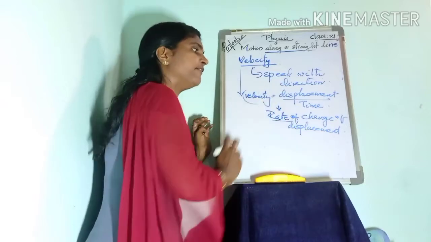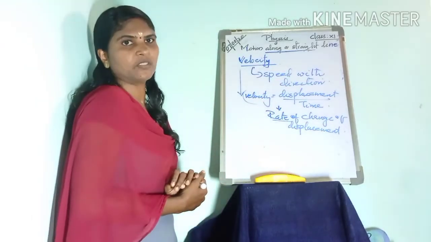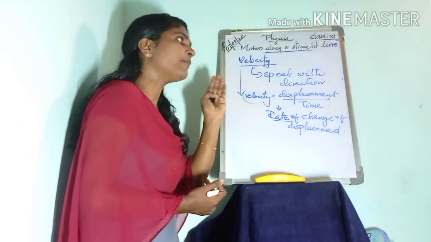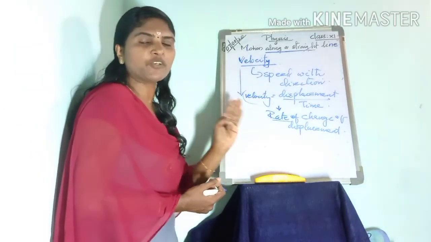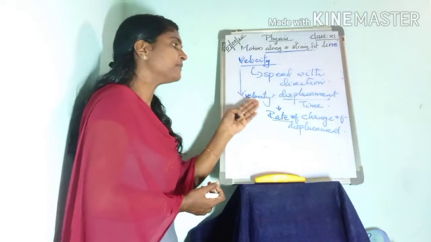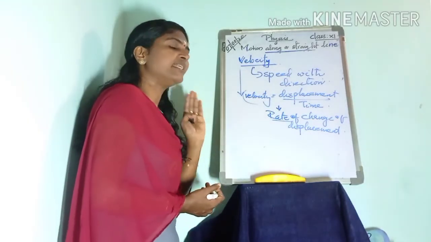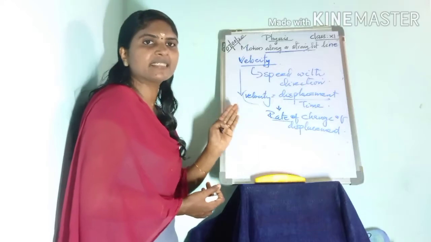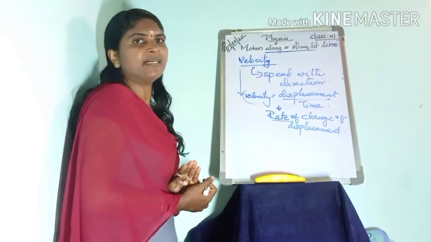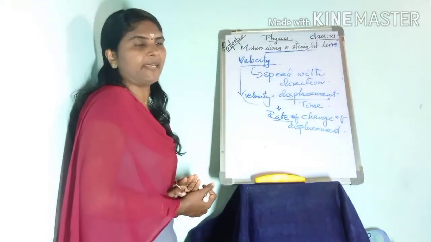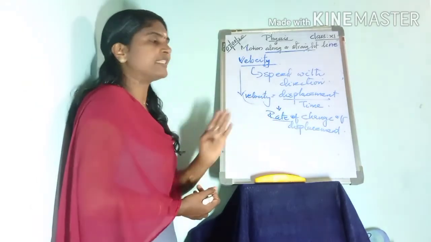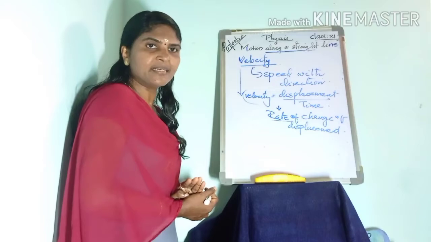So the velocity of an object is the speed of a moving object in a particular direction, and in terms of displacement, velocity is the rate of change of displacement. Velocity equals displacement divided by time.